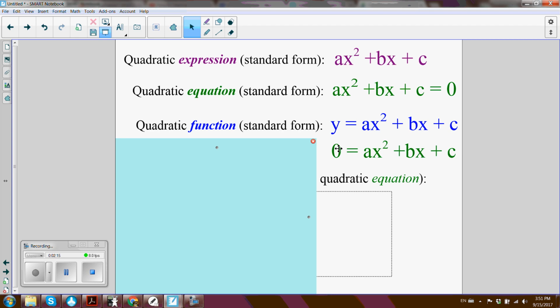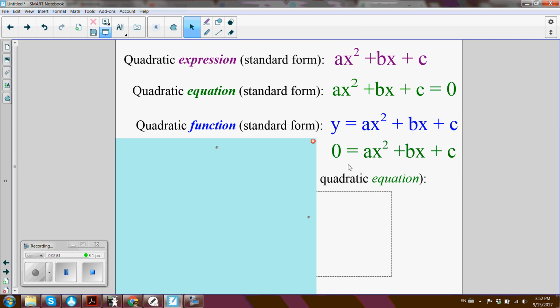And that's very important to realize, because when y equals 0, if you're graphing a quadratic function, inputs and outputs, sometimes the output y will equal 0. Think about where you're located on the coordinate plane when that output y equals 0. Well, you're located on the x-axis. So if we can find solutions to this quadratic equation, we have found x-intercepts to this quadratic function.